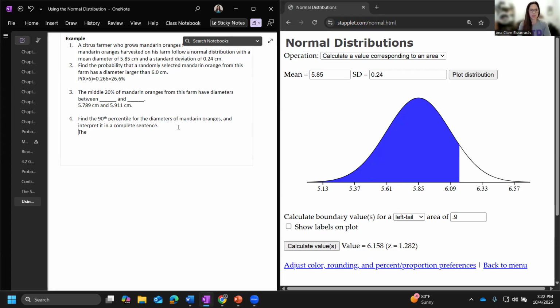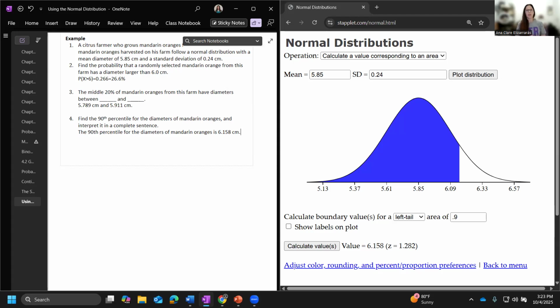So the 90th percentile of the diameters of mandarin oranges is 6.158 centimeters. That means that 90% of these mandarin oranges have a diameter less than 6.158 centimeters.